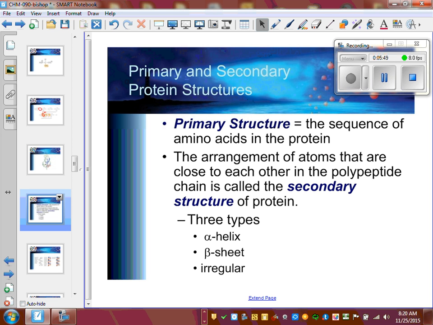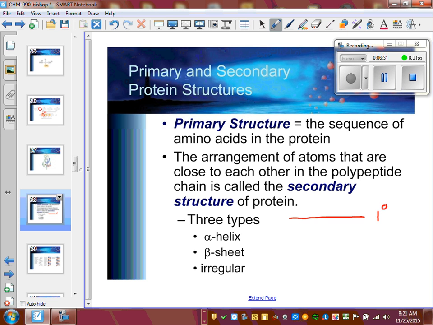You could use each one more than once. You could have alanine, alanine, glycine, glycine, and you can have alanine, glycine, glycine, glycine, glycine, so an infinite number of combinations. So now we have this long chain. I put all the amino acids, I got a long chain. So that would be the primary structure.